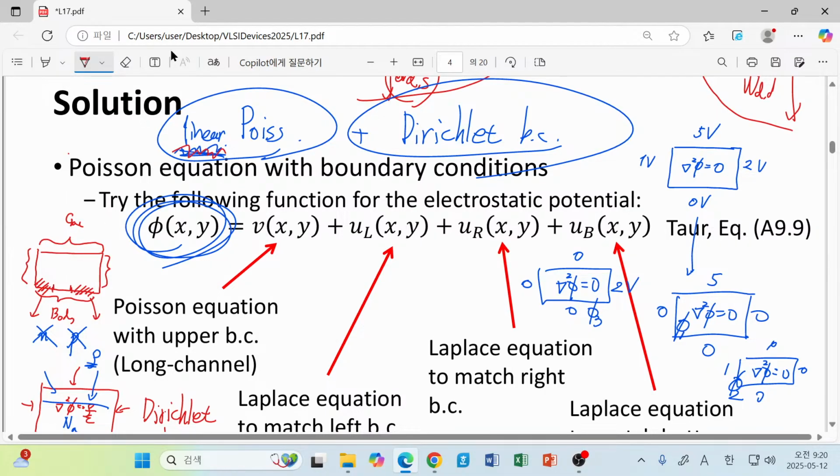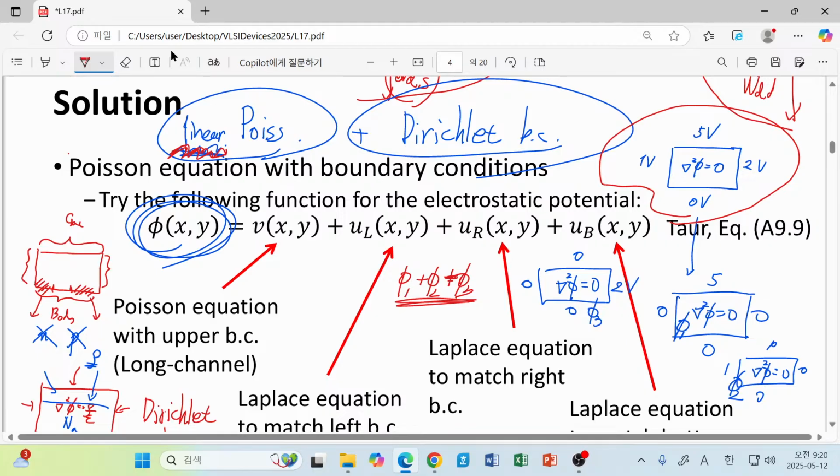By adding them up, phi 1, phi 2, and phi 3, that will give us the solution for the original problem. So simply speaking, we can decompose our equations into several pieces.